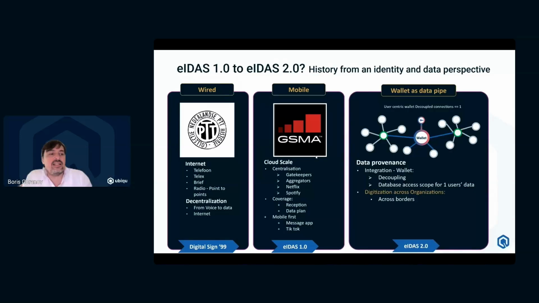So what I want to introduce to you as a concept is to look at the wallet, as we're going to talk today, not as a device, but as a data pipe. It's in the same way as we're exchanging data wired, mobile, and then through the wallet. And that has consequences if you look at it through that lens.